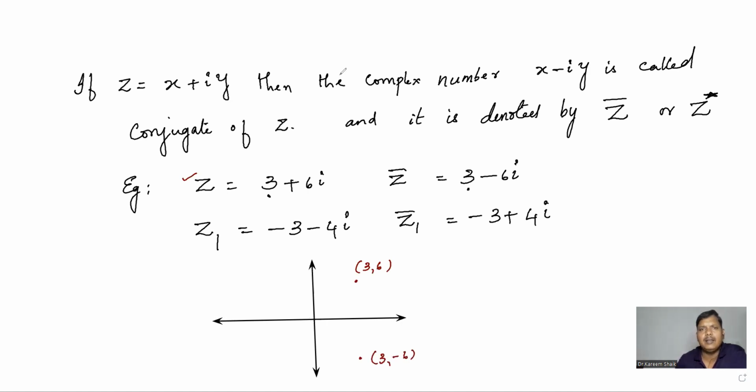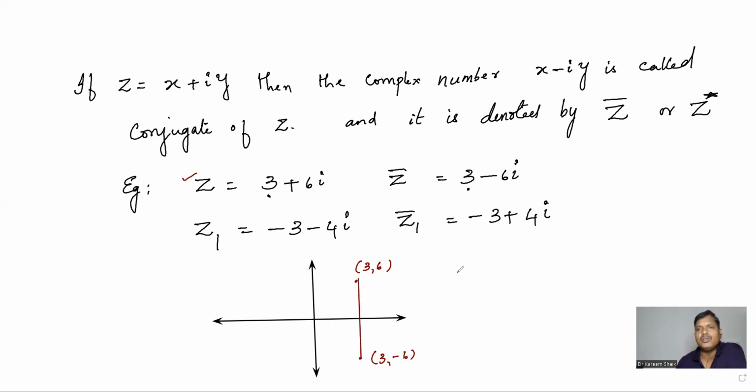Try to understand that. Observe here. Can I say that 3 comma 6 is the image of 3 comma minus 6, as well as 3 comma minus 6 is the image of 3 comma 6 with respect to the x-axis? So try to understand here.